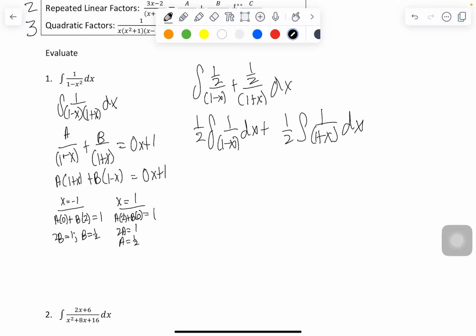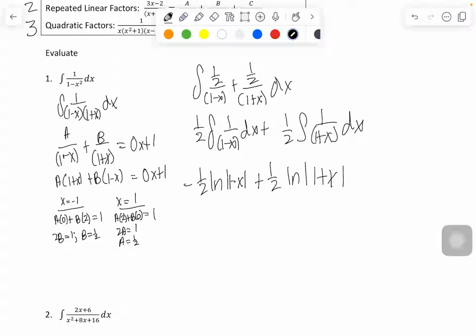And then if we use u sub, we'll get this value, which is not totally simplified, but if you want to simplify it further, the final answer would probably look something like this.